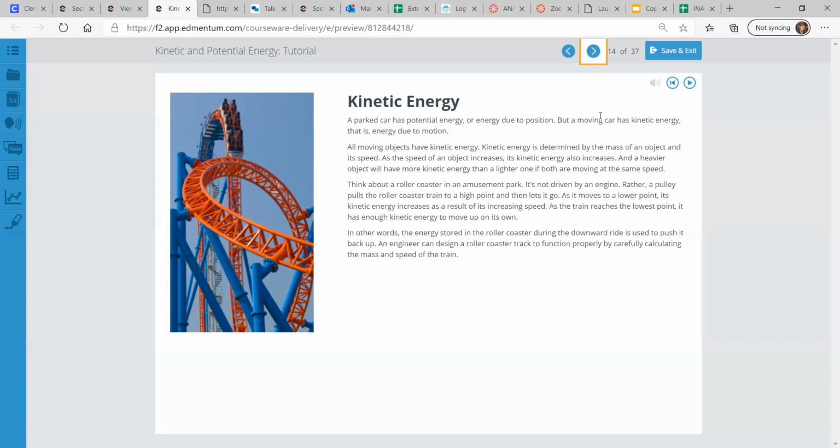As the train reaches the lowest point, it has enough kinetic energy to move up all on its own. In other words, the energy stored in the roller coaster during the downward ride is used to push it back up. An engineer can design a roller coaster track to function properly by carefully calculating the mass and speed of the train.